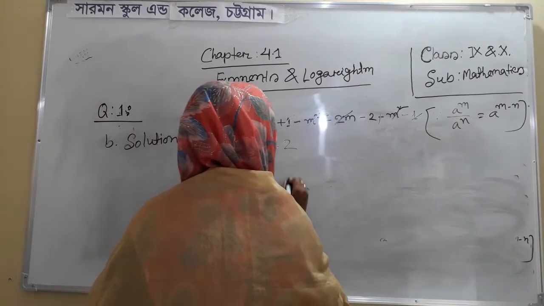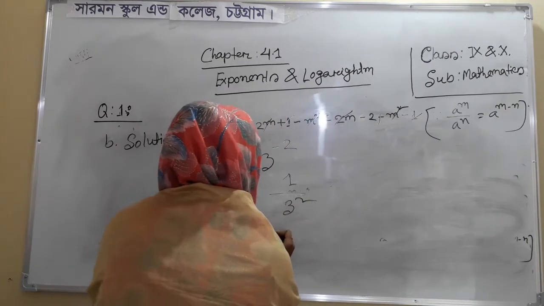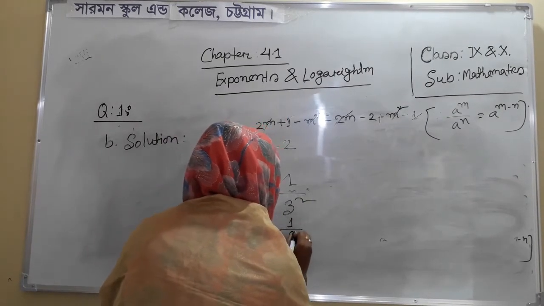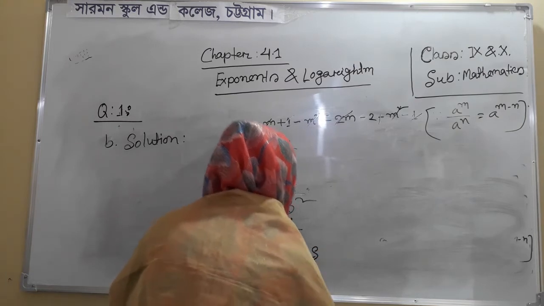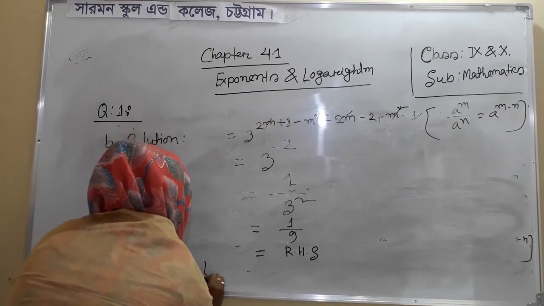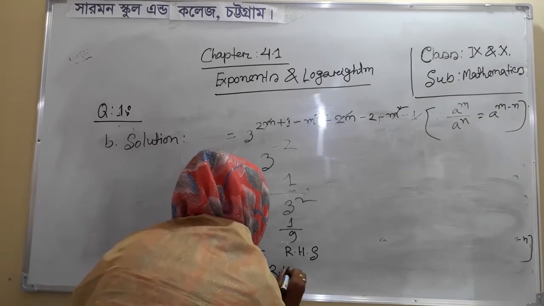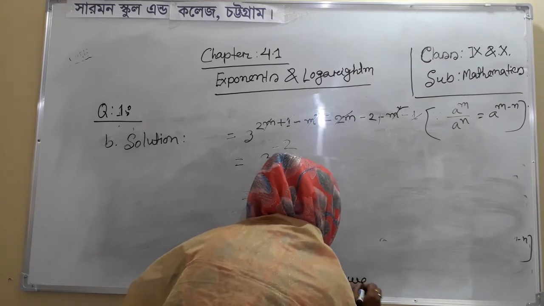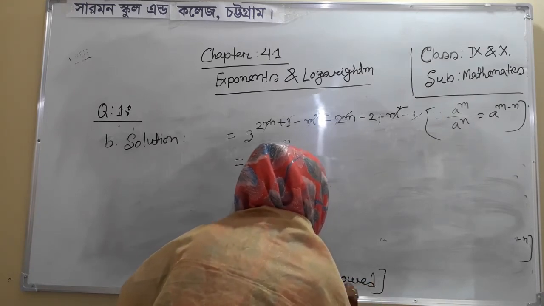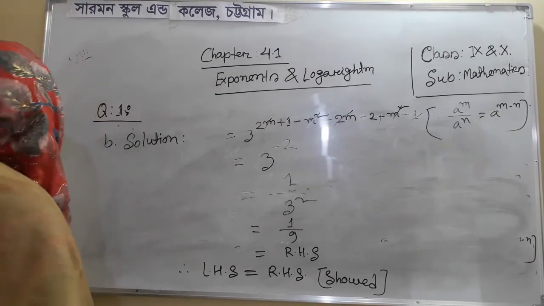That means 1 divided by 3 square, that means 1 by 9, that means right hand side. So left hand side equals right hand side. Hope you understand this problem.